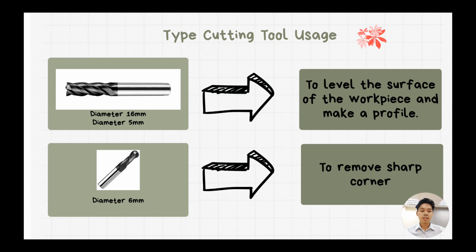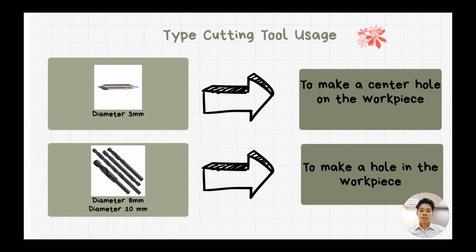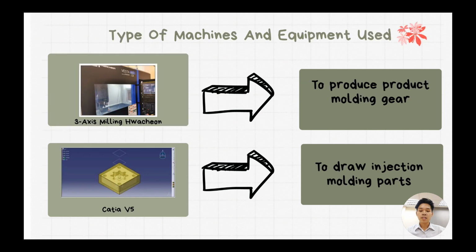Number 3 is a center drill with diameter 3 mm to make a center hole on the workpiece. Number 4 is a twist drill with diameters of 8 mm and 10 mm to make holes in the workpiece. Number 5 is a 3-axis milling Honshion machine to produce the product, molding gear.